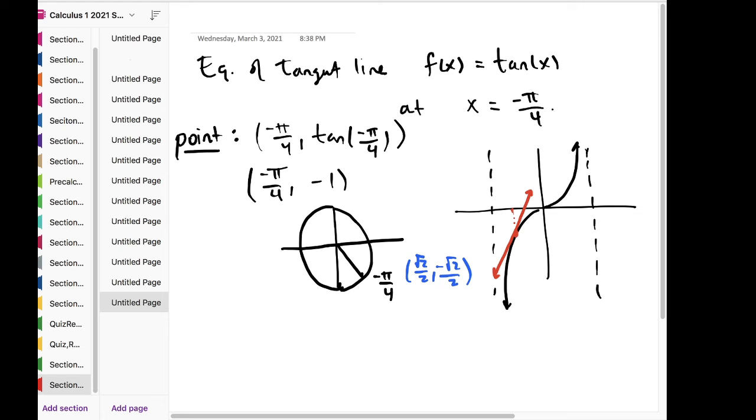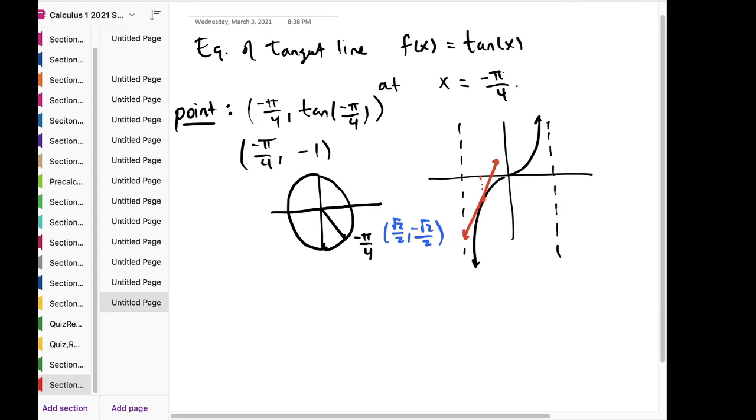Okay. And then how about the slope? How do you find the slope? Yes, so you need to find the derivative at negative pi over 4.